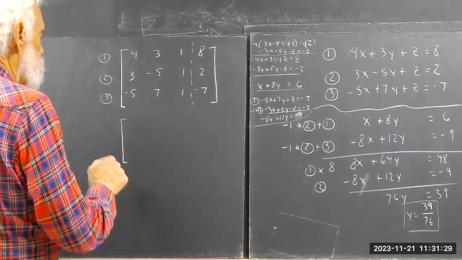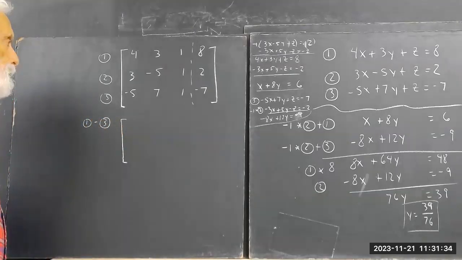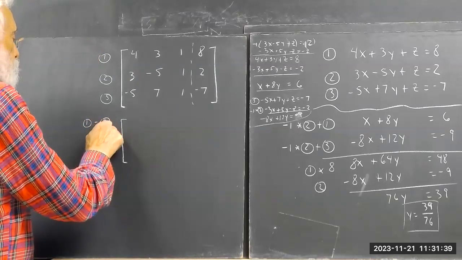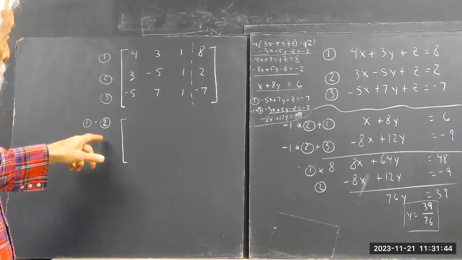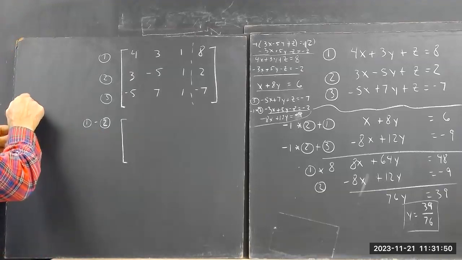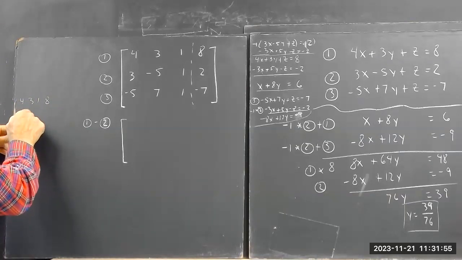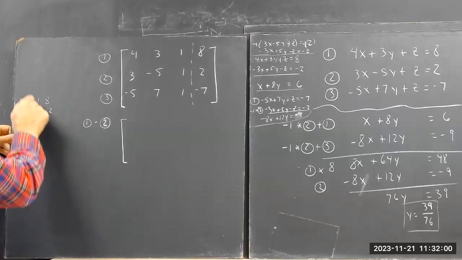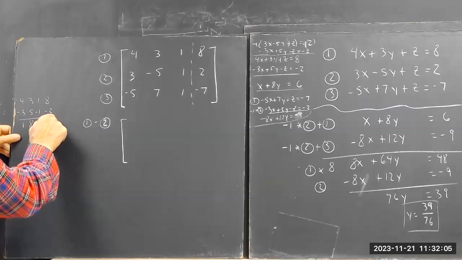So what I'm going to do is line 1 minus line 2. Now I can calculate that out here. I've got 4, 3, 1, 8, and I'll do -3 plus 5 minus 1 minus 2 and add those together, and I get 1, 8, 0, 6.